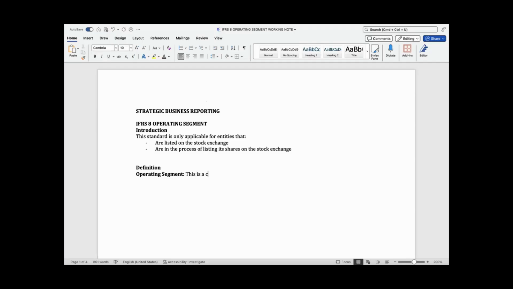IFRS 8 says that an operating segment is a component of an entity that engages in business activities which may earn revenue and incur expenditures.